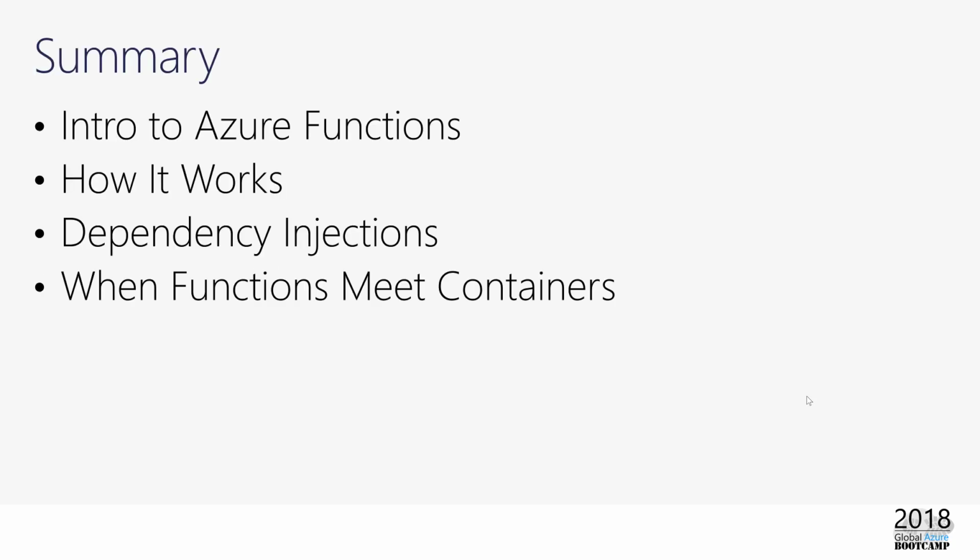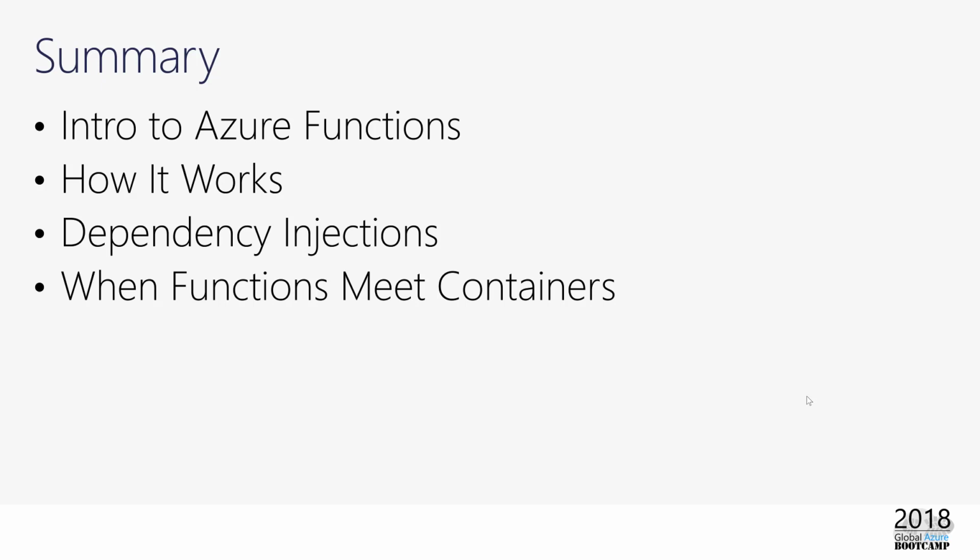So let's summarize it. I have introduced Azure Functions and serverless architecture in general. Then the difference between version 1 and version 2 and how they work differently in a few triggers, for example the HTTP trigger, timer trigger, Cosmos DB trigger, and Service Bus bindings, right?